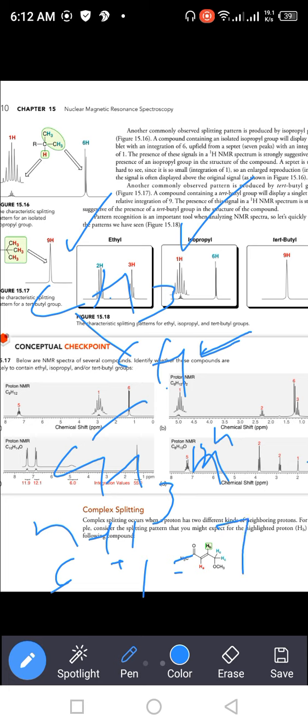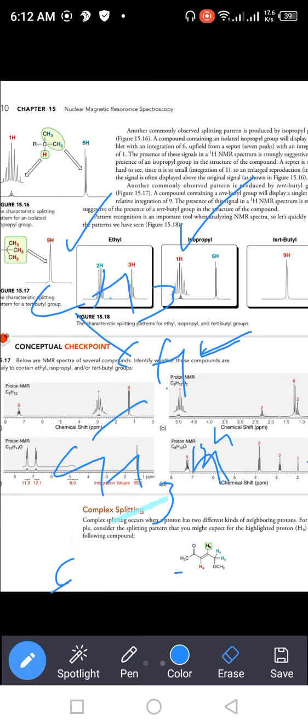So a septet, or we can write multiplet, will be observed for the one proton integration. 7 peaks will be observed.